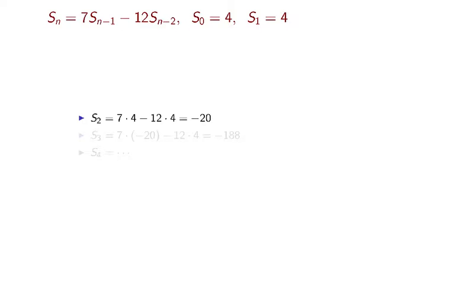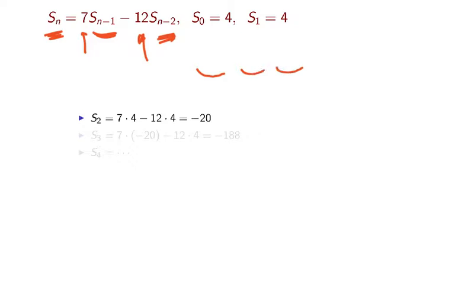So let's see this sequence defined by recursion in this way. The term n is equal to 7 times the previous term minus 12 times the other previous term. I mean, this definition goes 2 terms back.